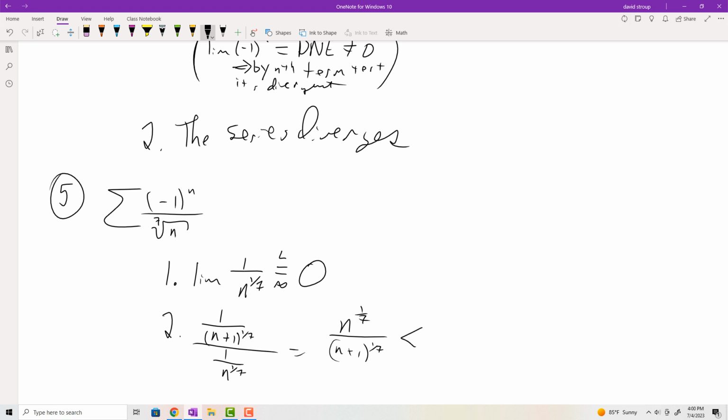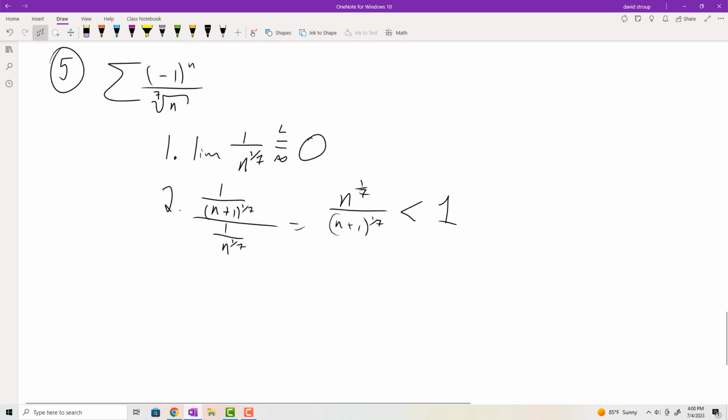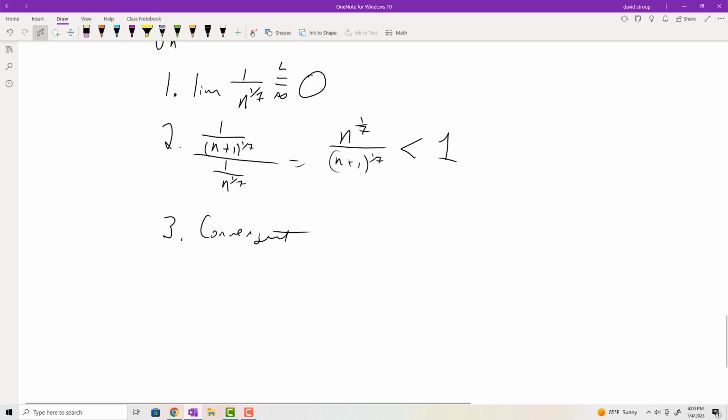And of course, the denominator exceeds the numerator, so that'll be less than 1. Therefore, it is non-increasing, and so the conclusion: convergent. Okay, so they're pretty simple once you get the hang of it.